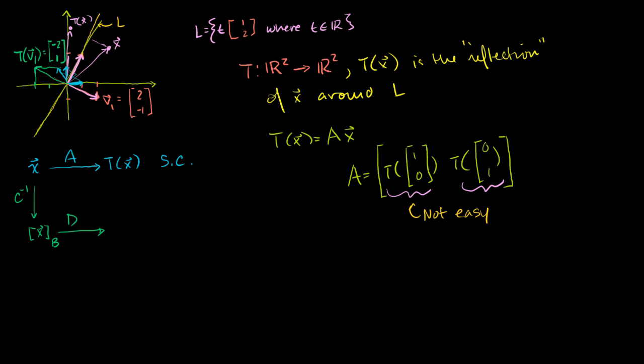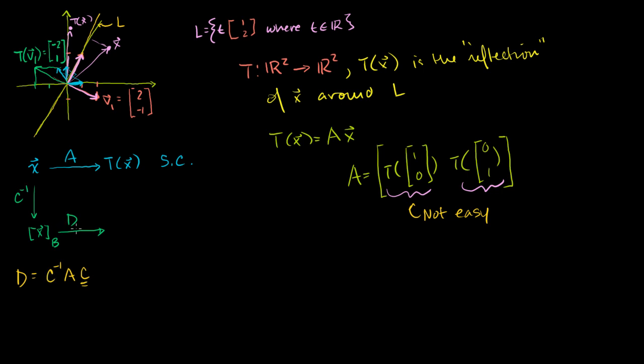And we've seen, let me write this down, that D is equal to C inverse times A times C. We showed this I think two or three videos ago, where C is just the change of basis matrix. C is just the matrix that has our new basis vectors as columns. And C inverse is obviously its inverse.